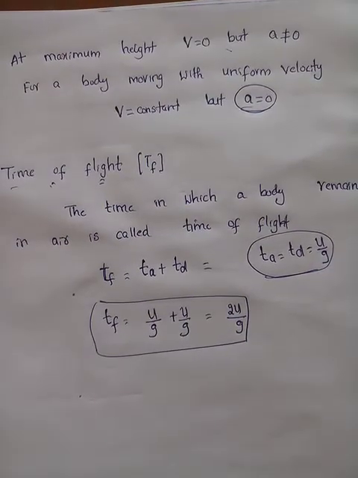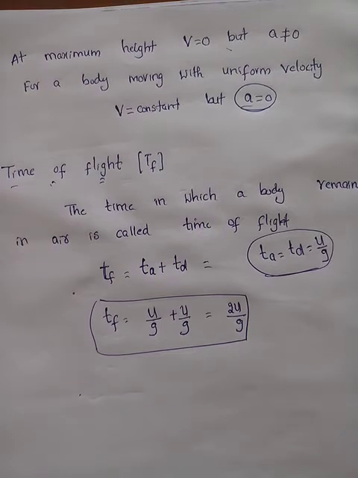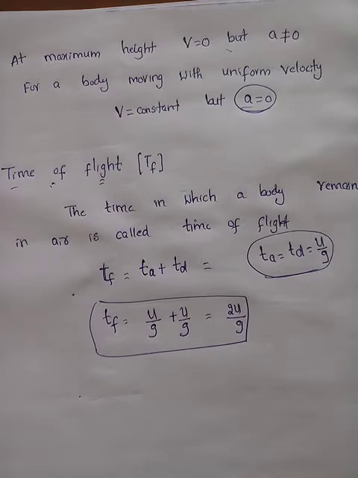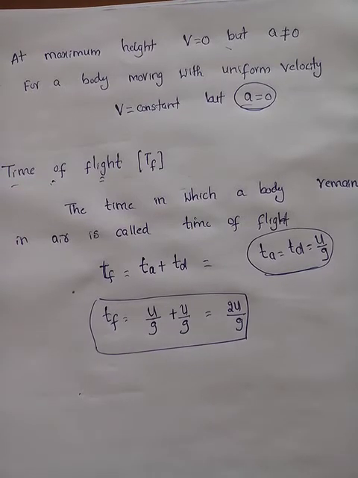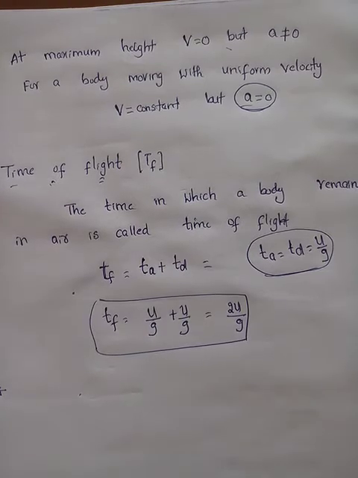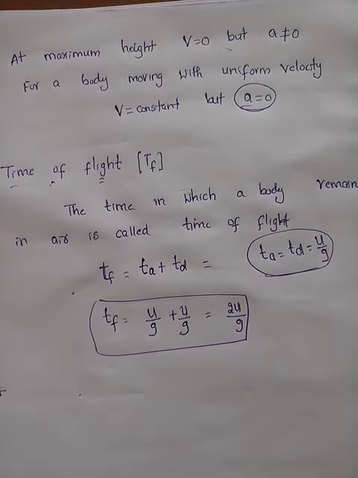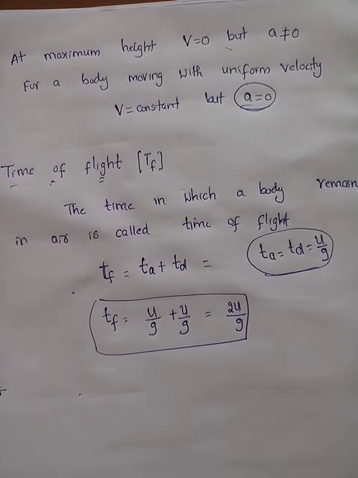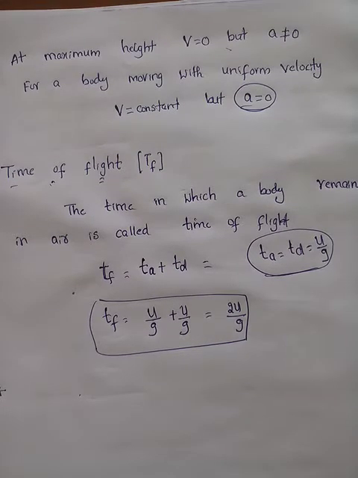Here you should remember, while discussing this motion, whether upwards or downwards, it doesn't depend upon mass. So the time taken is independent of mass. If you take a large stone of 100 kg and a small stone of 1.1 kg, both dropped from the same height, both will reach the ground at the same time.